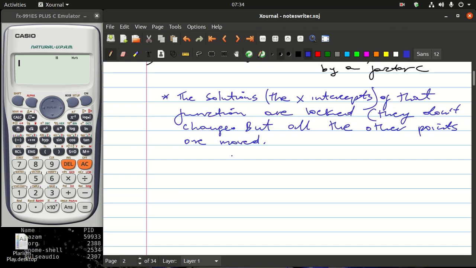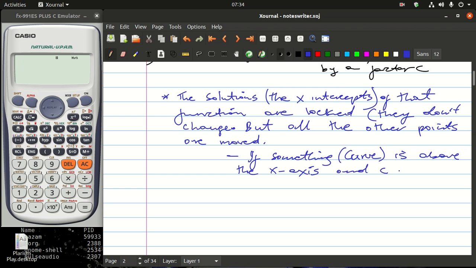Let me write this thing here. If the curve is above the x-axis, and c is greater than 1, the curve will move up.